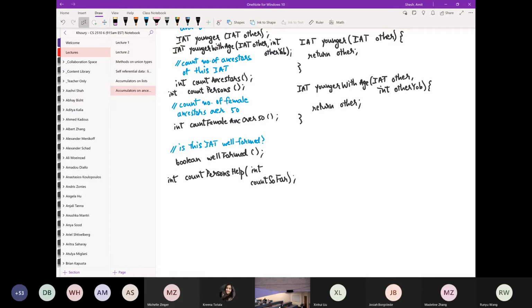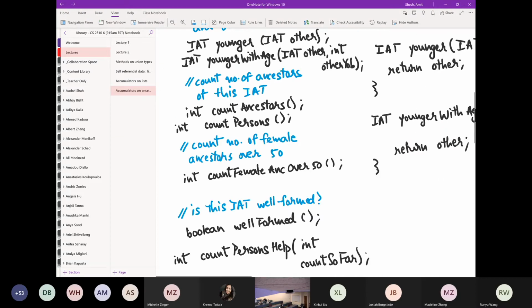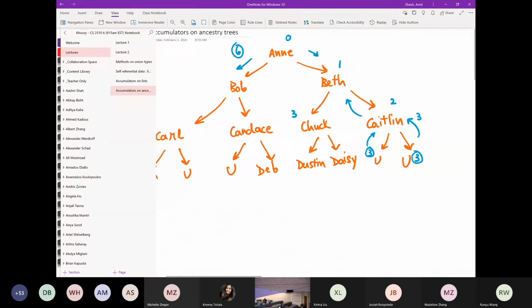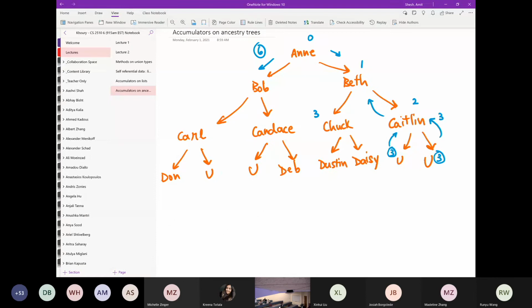Okay, so well-formed, as I said, is going to use the years of birth. And an IAT is well-formed if for every person, the person is born after both of their parents.